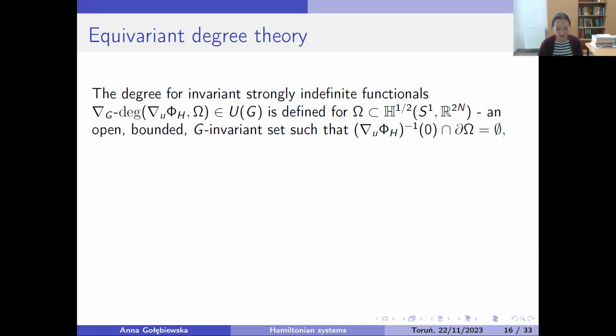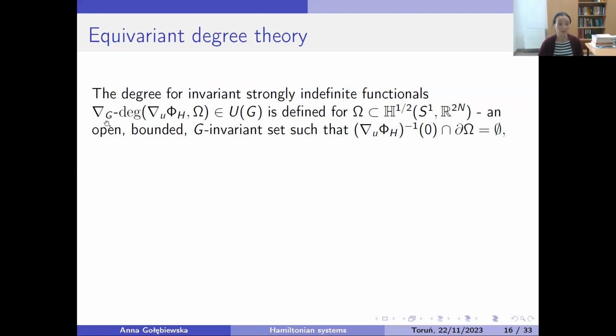Knowing that we have this additional symmetry allows us to use more sophisticated tools, which can detect more than normal tools, let me say. And this tool is our degree for invariant strongly indefinite functionals.